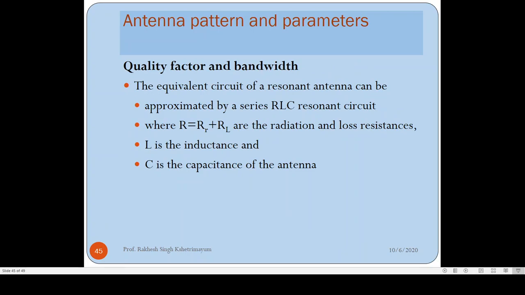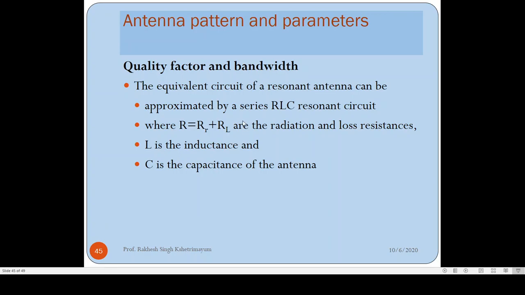In the series RLC resonator, you have inductance and capacitance, which give you the resonance frequency, and you also have losses. You have two kinds of resistance: one is due to the radiation and one is due to the loss. Radiation resistance gives you the radiated power.